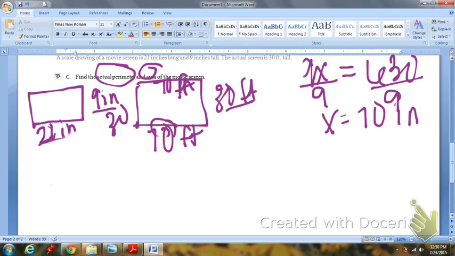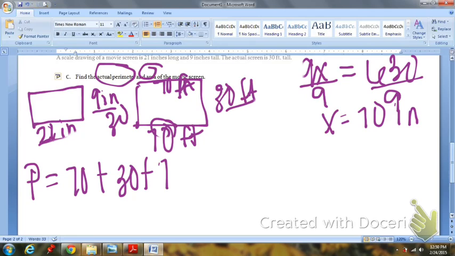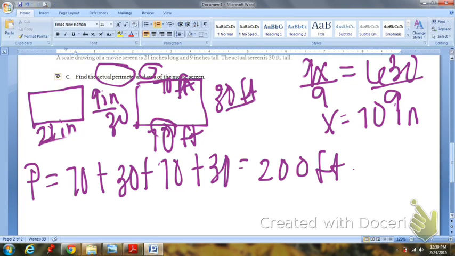So now we have to find the perimeter. Perimeter is all of the sides added together. So 70 plus 30 plus 70 plus 30. And that is 200 feet.